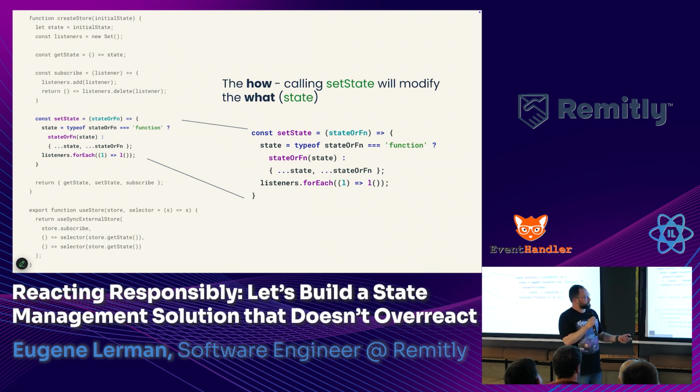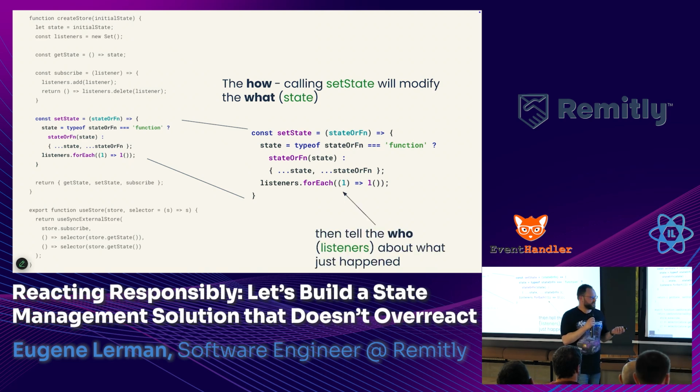If it is, we're just applying it to the state and returning the value. Otherwise, we're just spreading the love. Now, the important thing is to tell everyone that we did that. So here, we're calling forEach, so that React and basically our who's will know that they need to re-render.